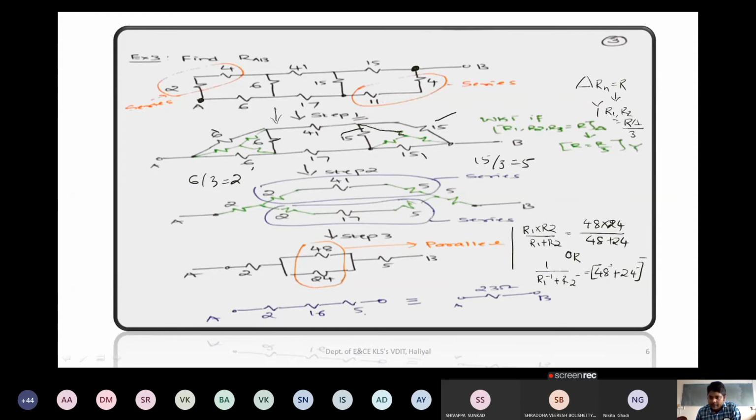In the calculator, you can just type 48 inverse plus 24 inverse, you will get some answer, then take the inverse of that, and you will get the answer as 16. You can check that later, and finally we get this one.